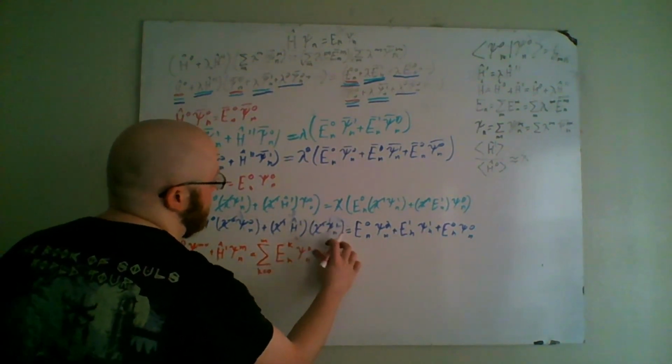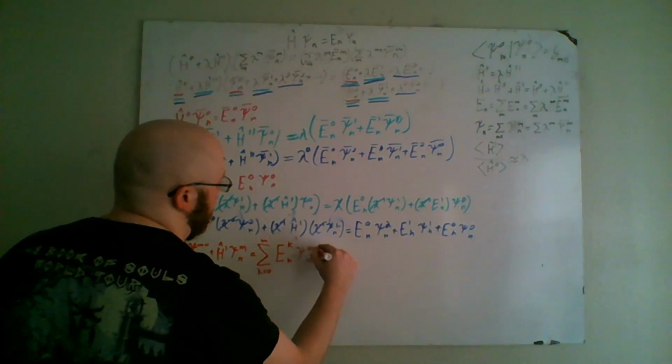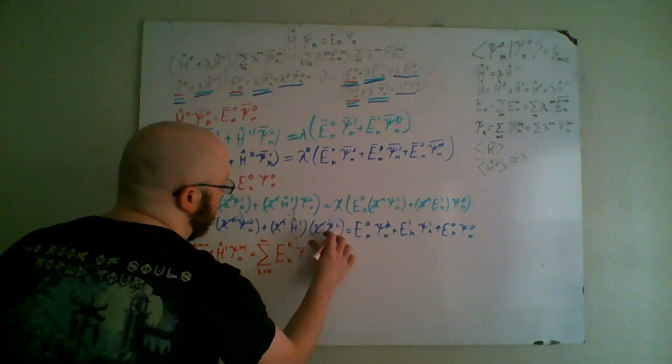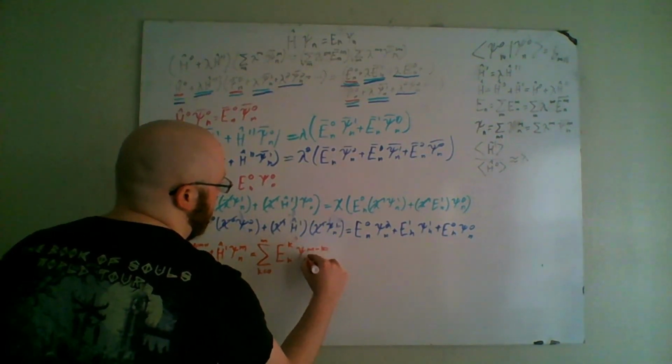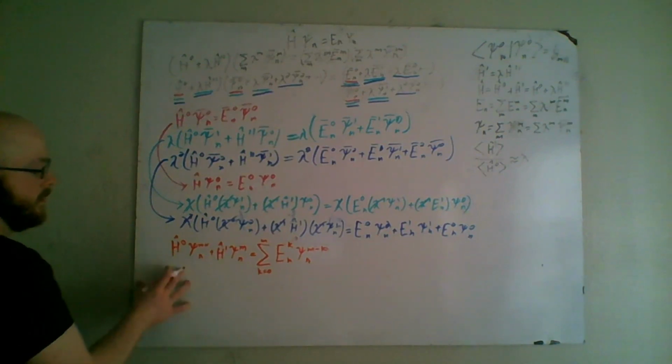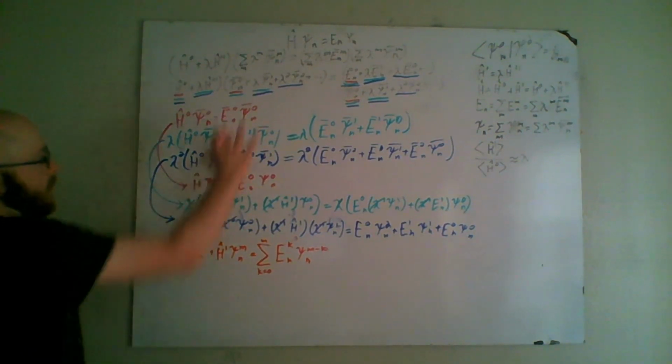Excuse me, these are m's. M minus k, and I'm all over the place. So yeah, this upper one is an m, this lower one is an n. That's the standard. So this is like all these equations.